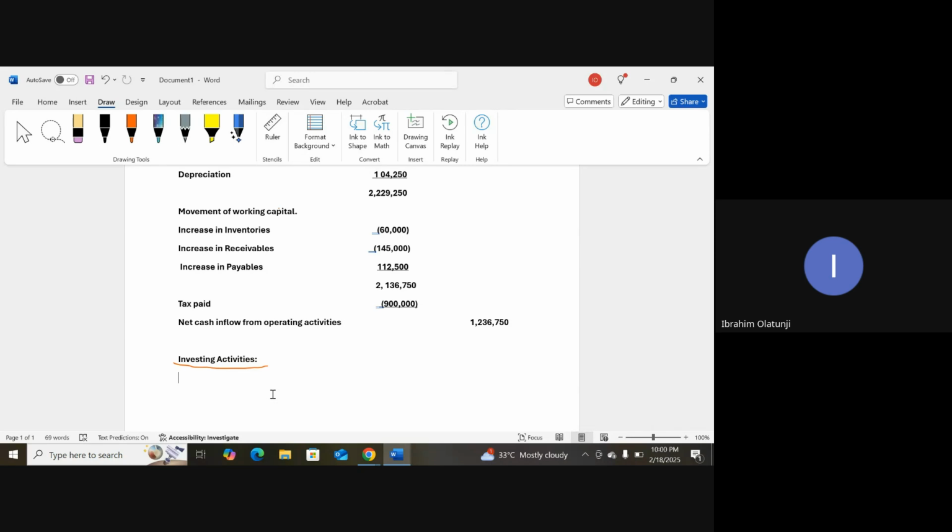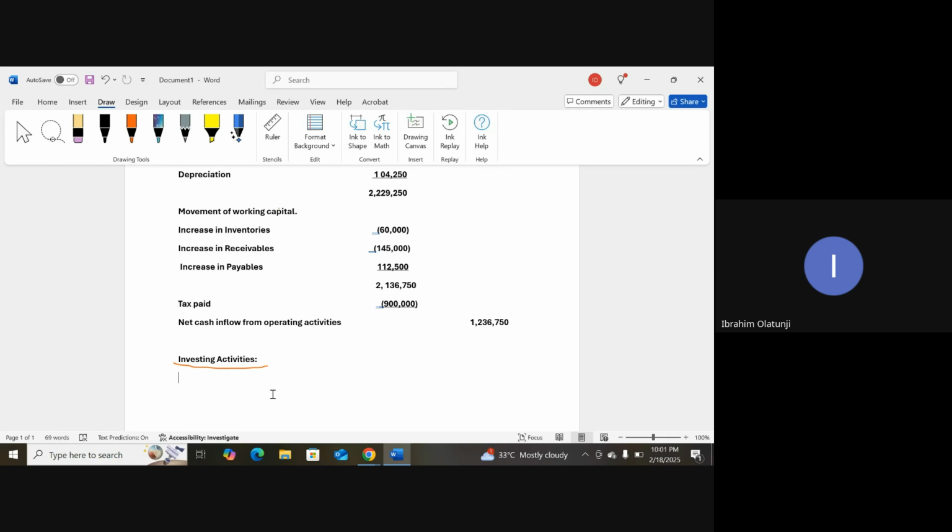Then there is dividend received, because if you invest by way of acquiring shares, you are entitled to collect dividend. That forms part of your investing activities. I explained that yesterday as well. Then interest received.